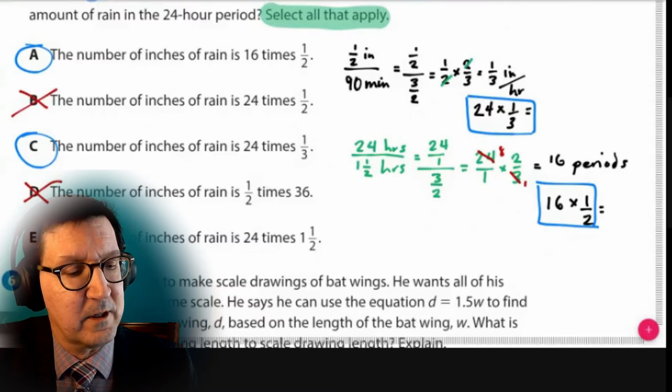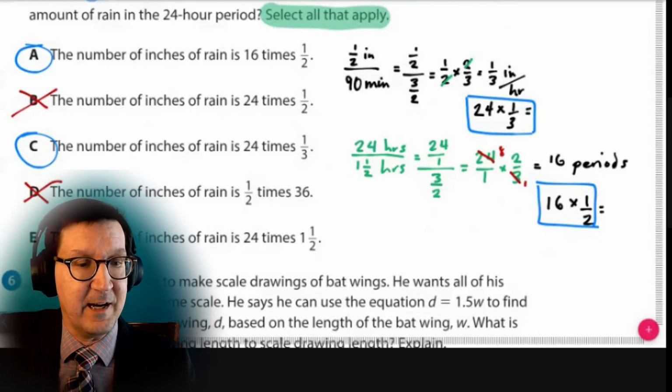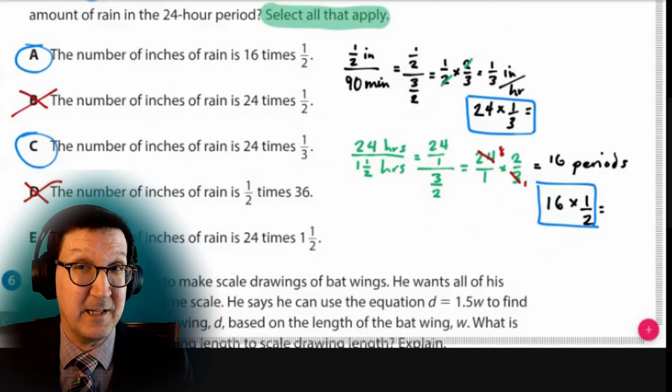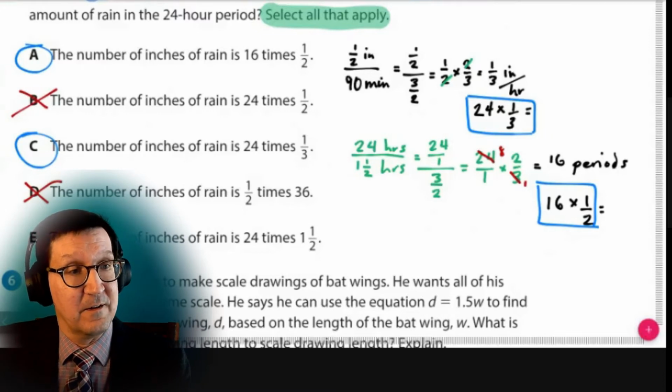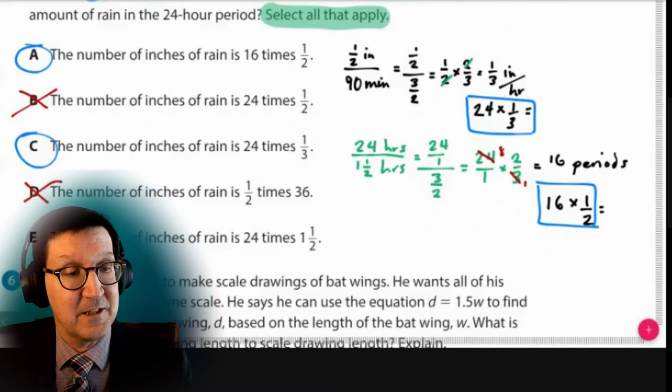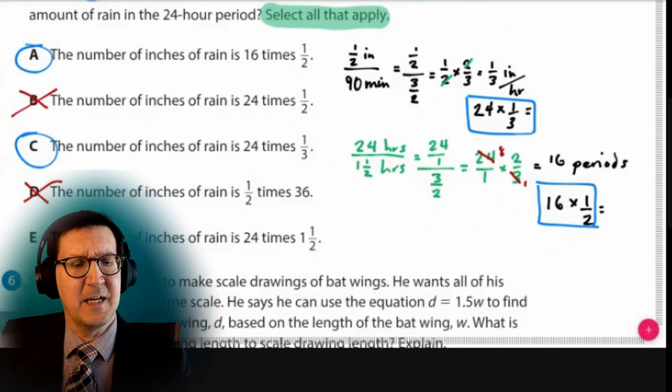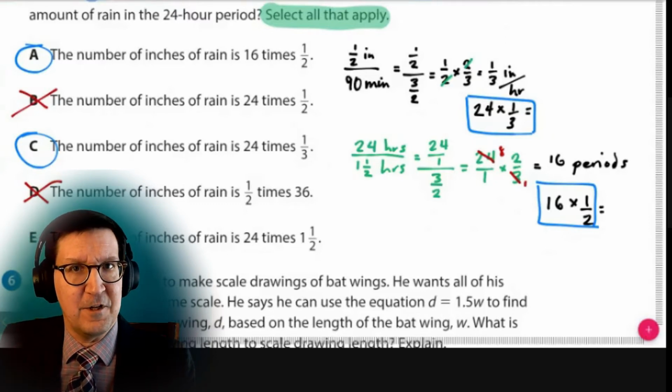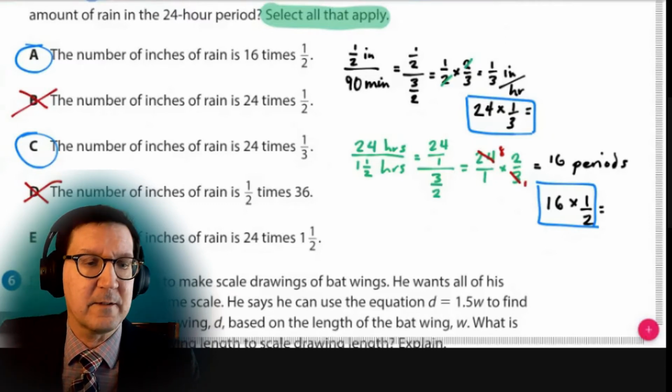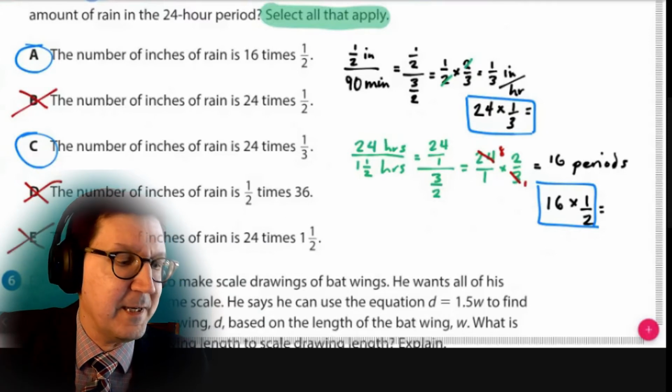That wouldn't work because you're just multiplying the 24 hours in a day by the 1.5 hours that are the 90 minutes. So you've messed up your constant of proportionality. You're not looking at the constant of proportionality for the rainfall. You're looking at it per the hours, and you're combining those. So now you're multiplying 24 hours times 1.5 hours instead of your units of rain. So that wouldn't work. So it wouldn't be E.